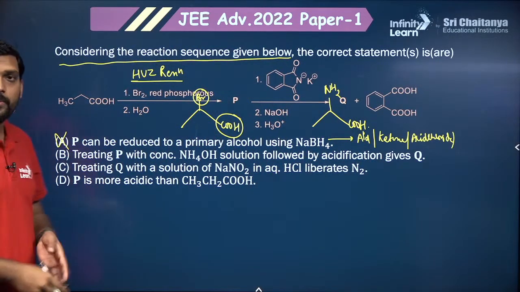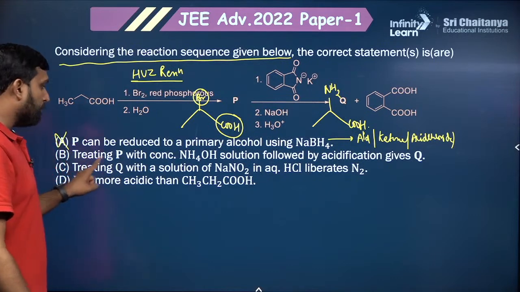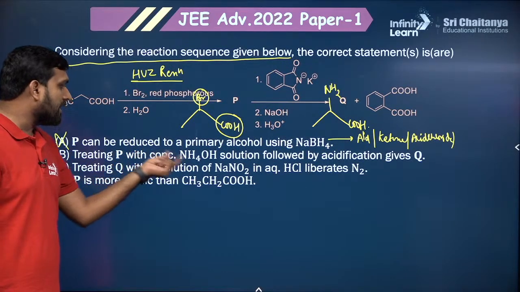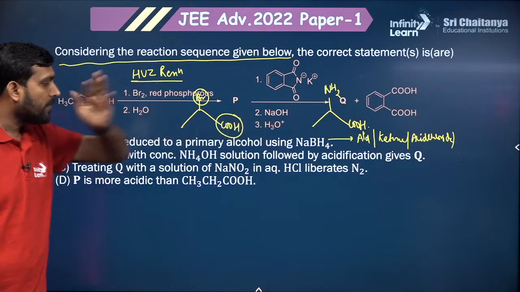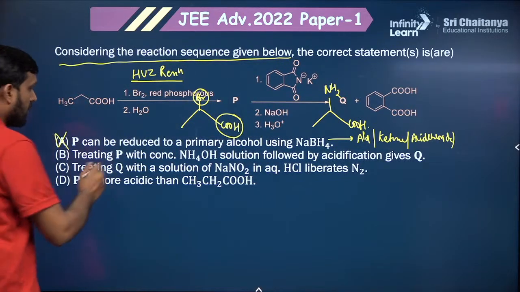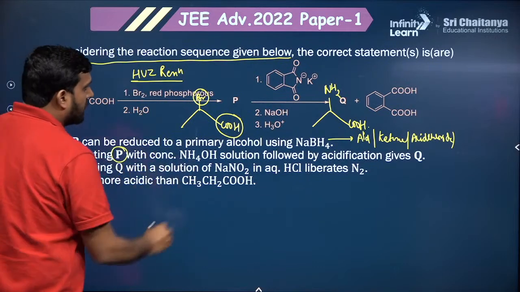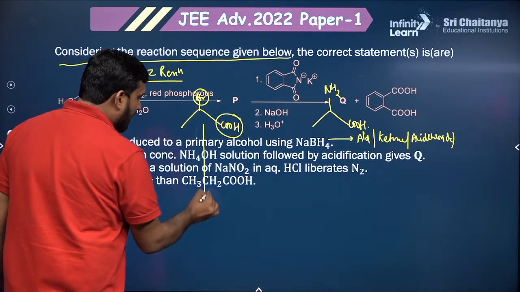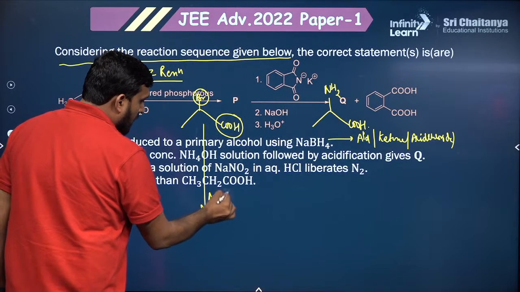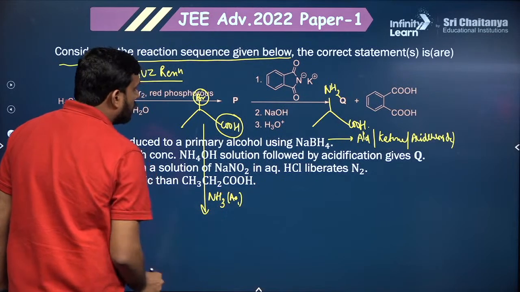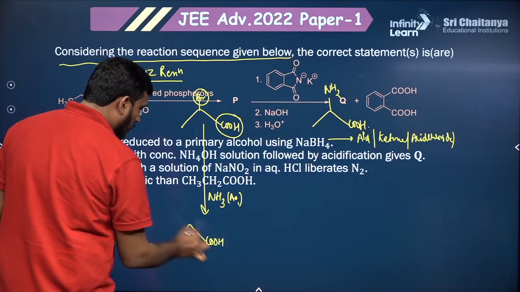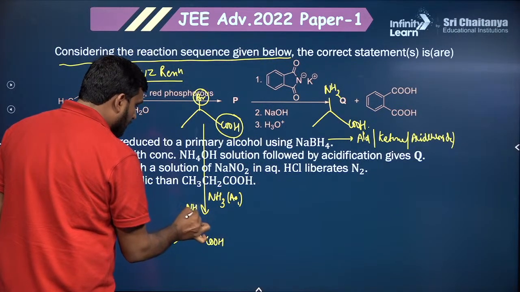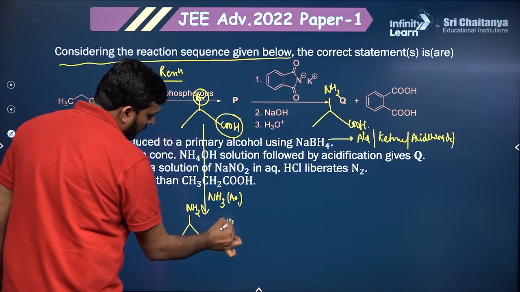Now going for statement B: treating P with concentrated NH4OH solution followed by acidification gives Q. Let's check what they are saying. This is P. If you treat that with aqueous NH3, it will give you the product like this, COOH and NH2, along with the release of HBr.